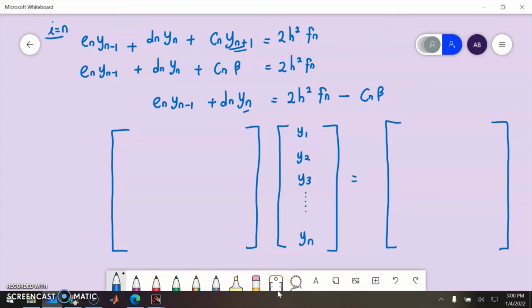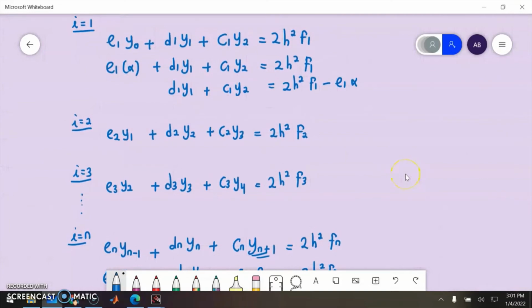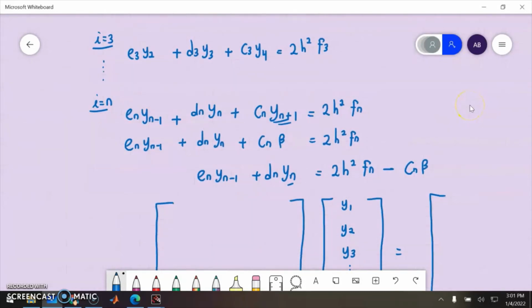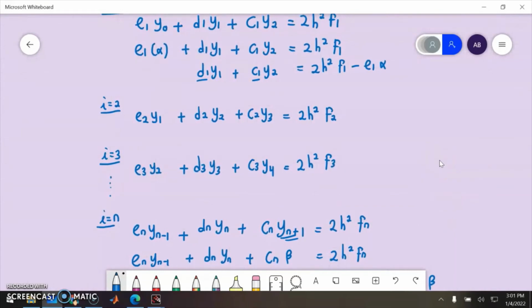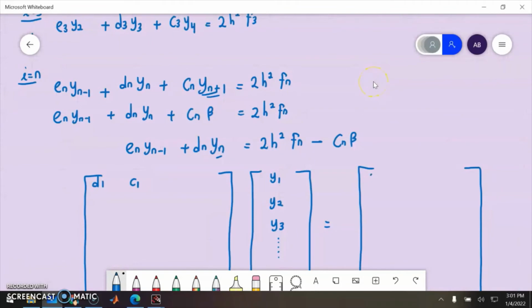Now the first term involving Y1, for I equals 1, what do I have? I have D1, C1, and then my function here is 2H squared F1 minus E1 alpha. That's pretty good.